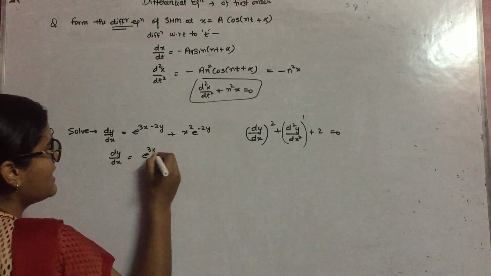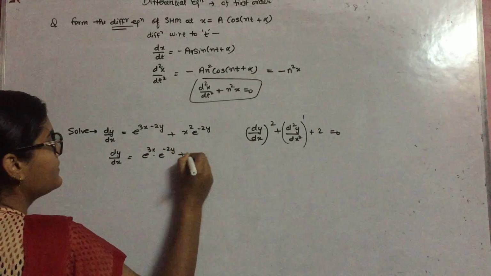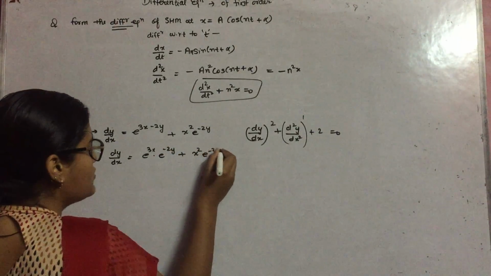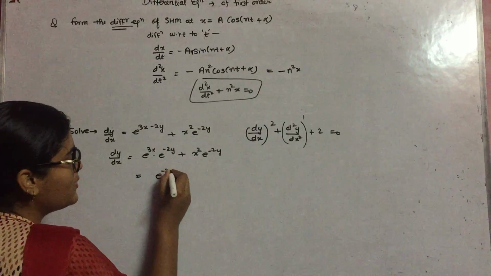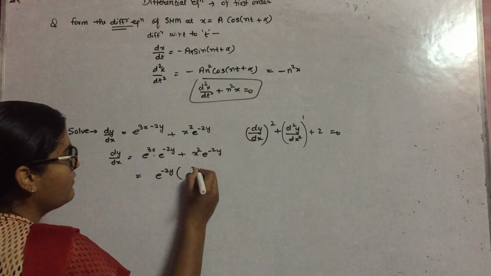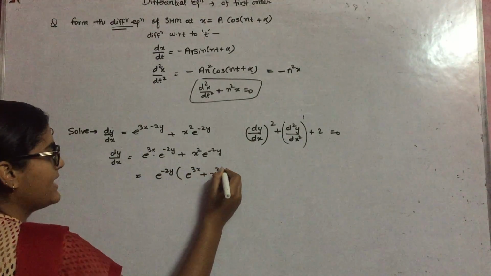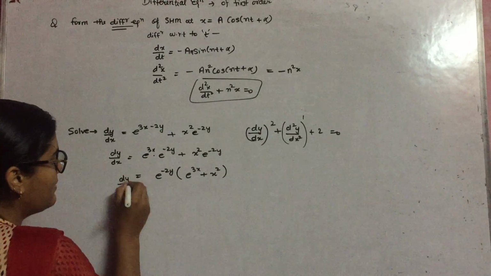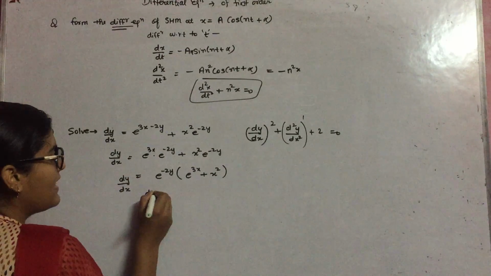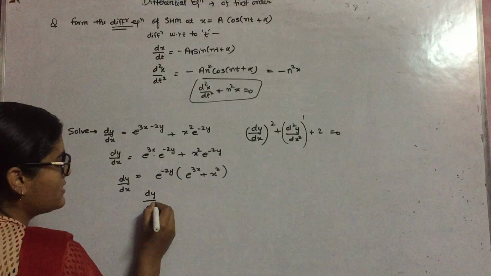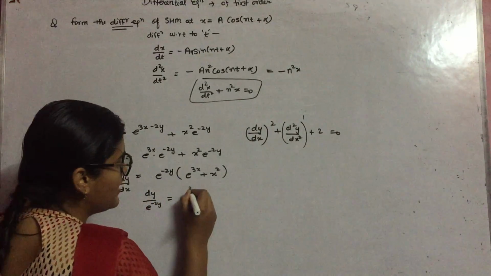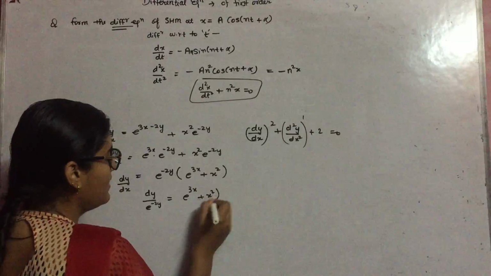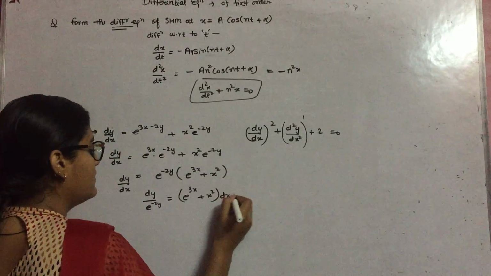It will become 3x e raised to power minus 2y plus x square e raised to power minus 2y. If you take out e raised to power minus 2y as common, it forms e raised to power 3x plus x square. Now separate the variables: dy upon e raised to power minus 2y equals e raised to power 3x plus x square dx.